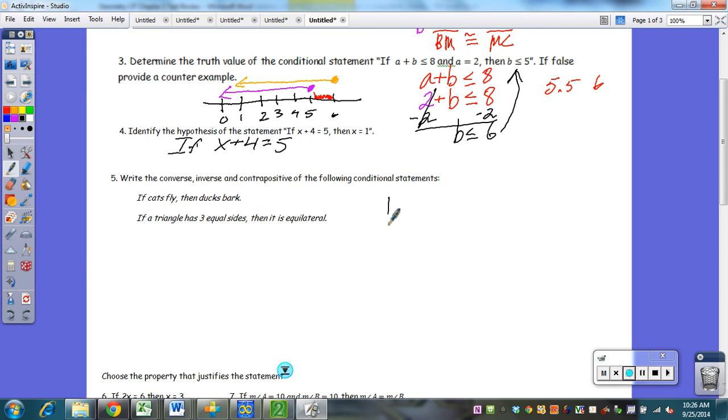We know that we start off with if P, then Q. So the converse is if Q, then P. The inverse is if not P, so we negate P, then not Q. And the contrapositive says that we're basically flipping the inverse: if not Q, then not P.